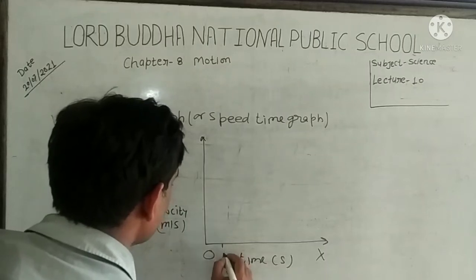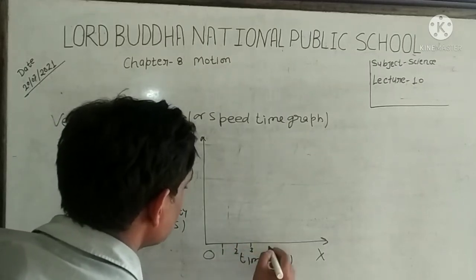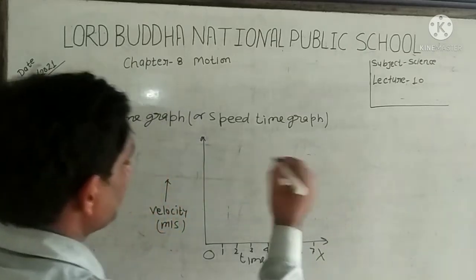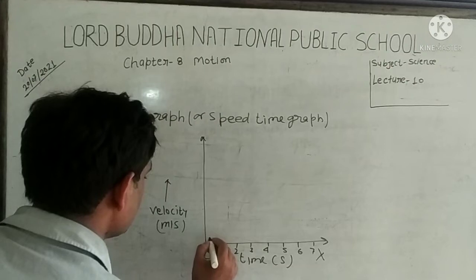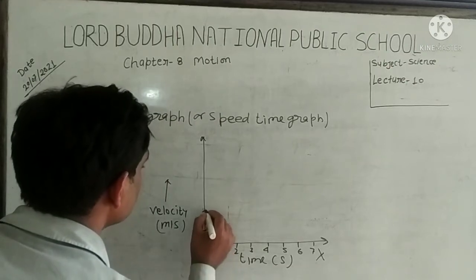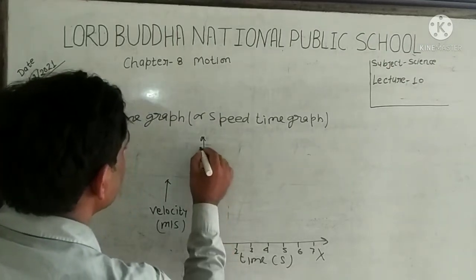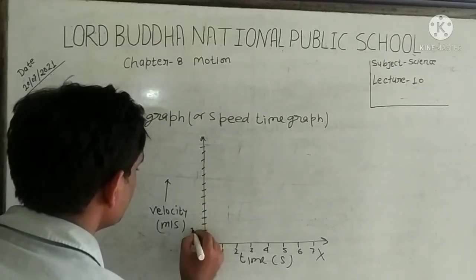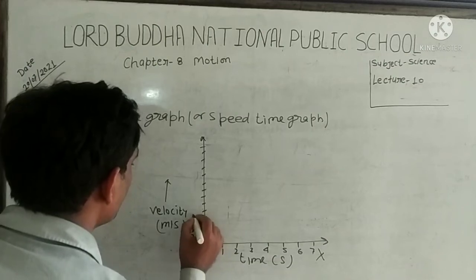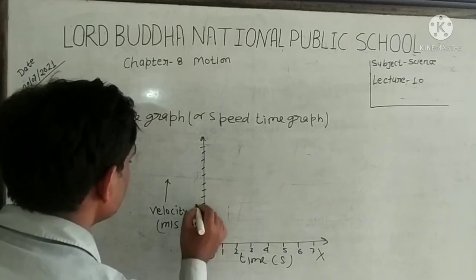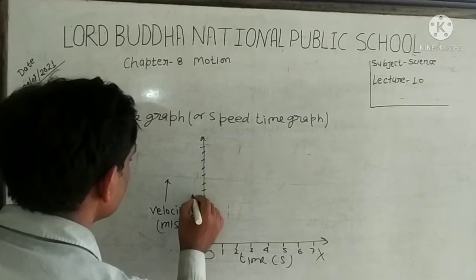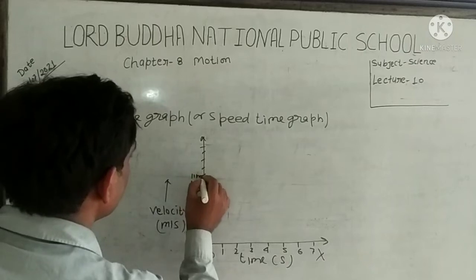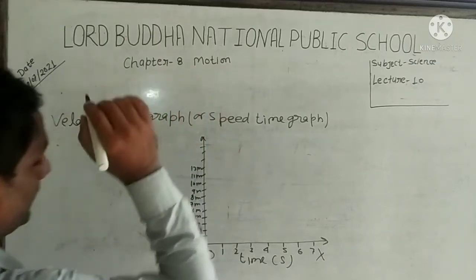We take time intervals 1 second, 2 seconds, 3 seconds and so on, and on the other axis 1 meter, 2 meters, up to 12 meters and so on.